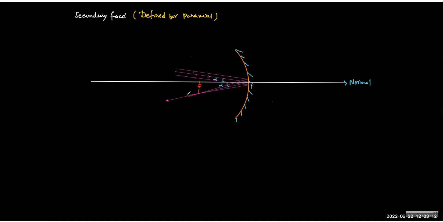So convergence will take place in the plane of focus, but not on the axis. When we have convergence of the incident beam not on the focus, we call it the secondary foci. This point is called FS. This is called secondary foci.